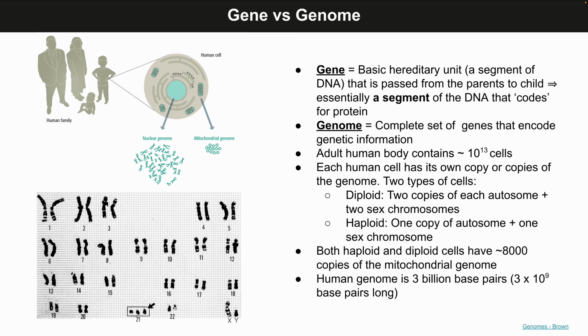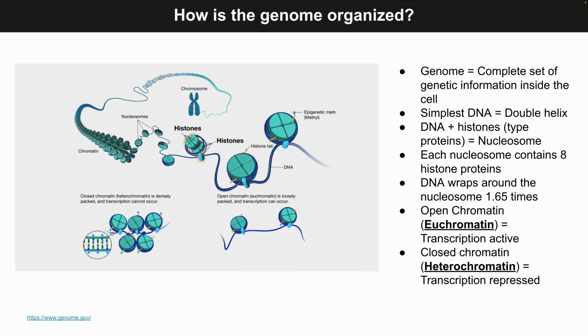Let's talk about this field called genomics and what is multiomics. As I mentioned in the last slide, the genome itself does not exist on its own. The chromosome itself will not survive on its own. It wraps around these bodies which are called nucleosomes. Once we start to talk about epigenomics, we will talk about what role exactly they play.